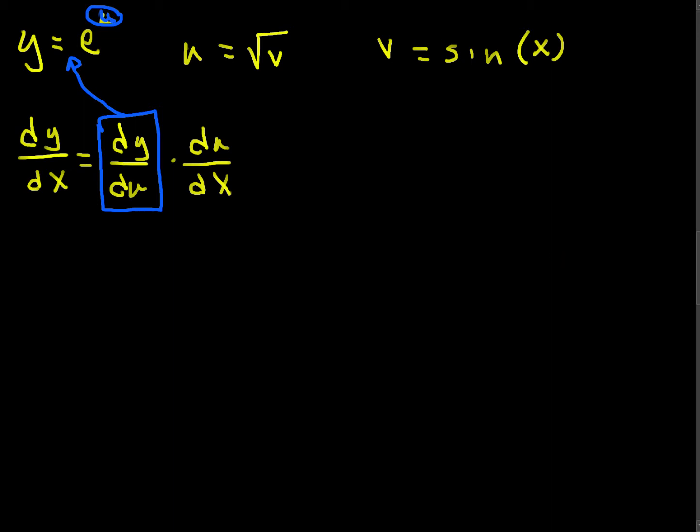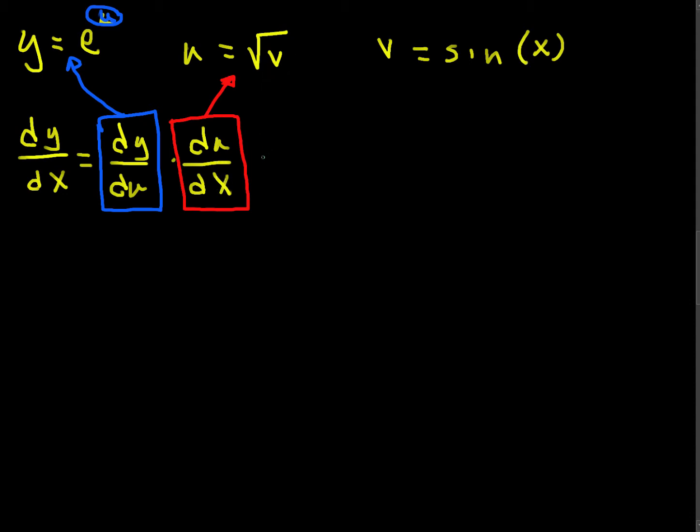Now, on the other hand, we've got here du dx. But if we look at u, it's not a function of x, it's a function of v. So this tells us that we need to break open this derivative one more time because v is a function of x.